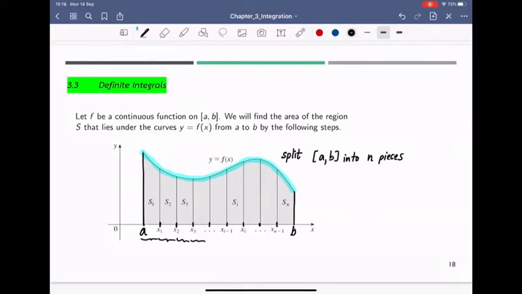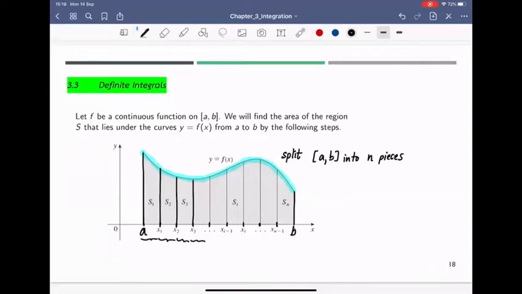Then to find the area under the curve, we look at the y value at x1, the y value at x2, the y value at x3, and compute the area of each box, each stack. If we sum them together, we should get the approximate area under the curve.